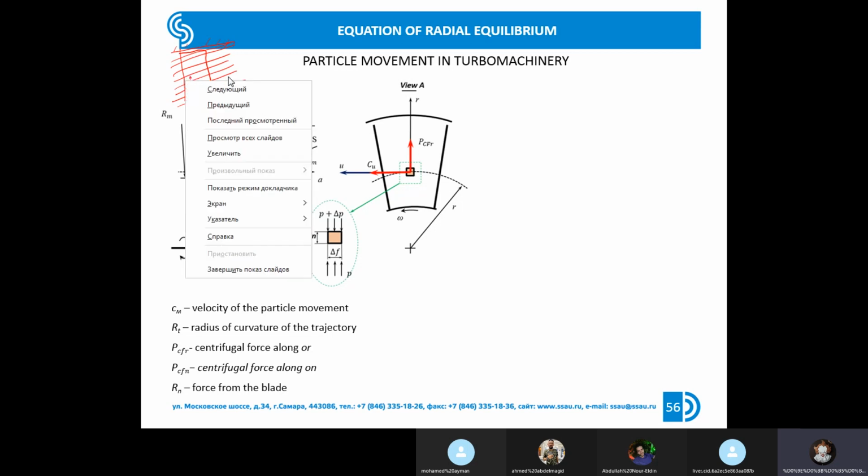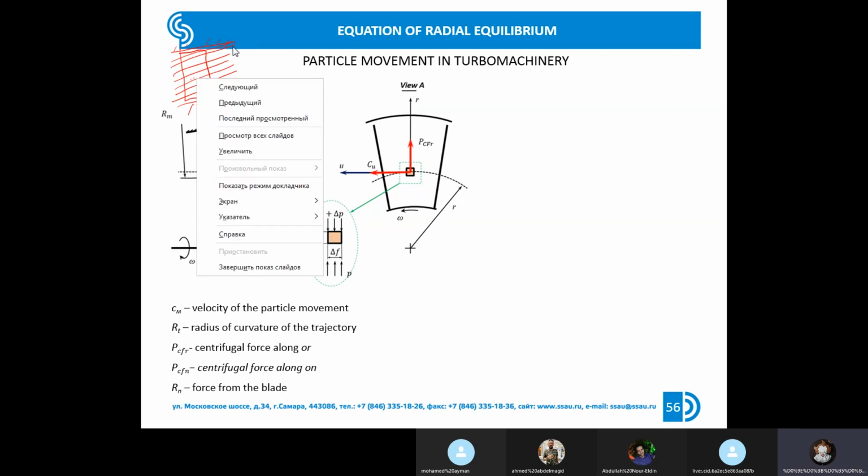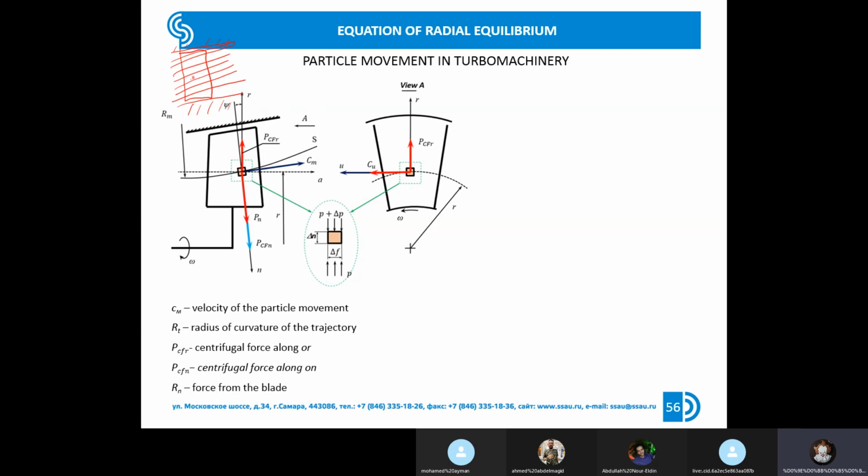It means that if the particles come inside one layer, they don't need to change the layer, because if you change the layer up or down, it means you need to spend additional energy, and of course there will be losses.